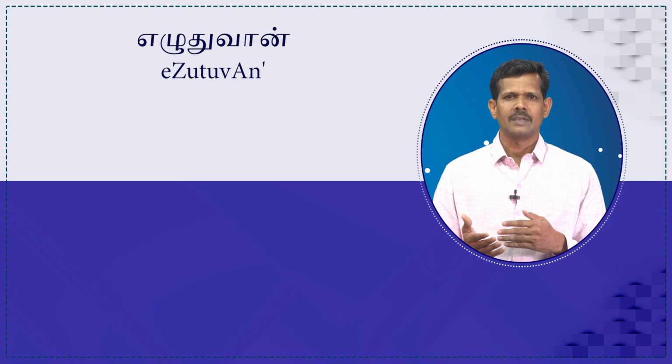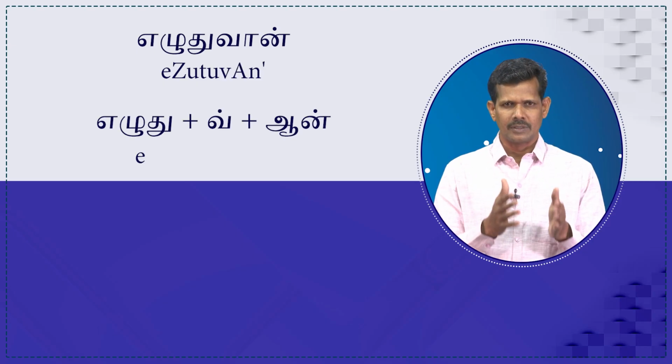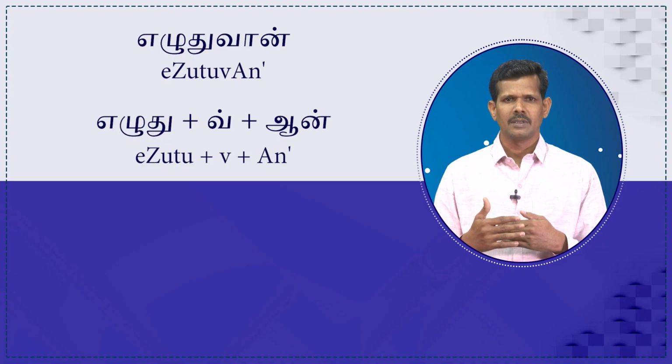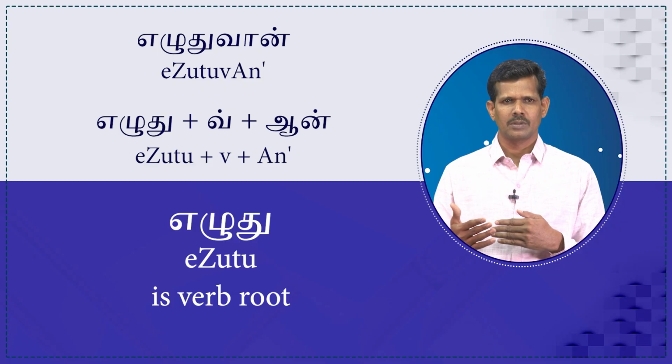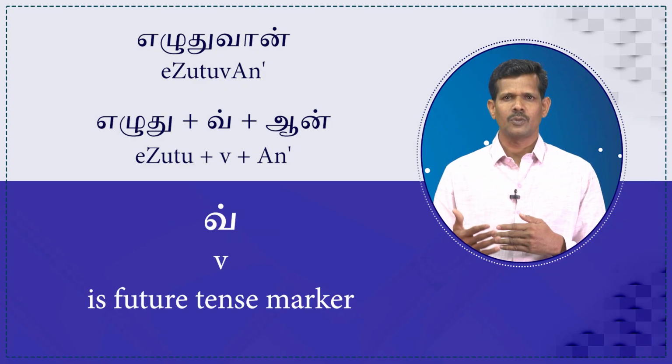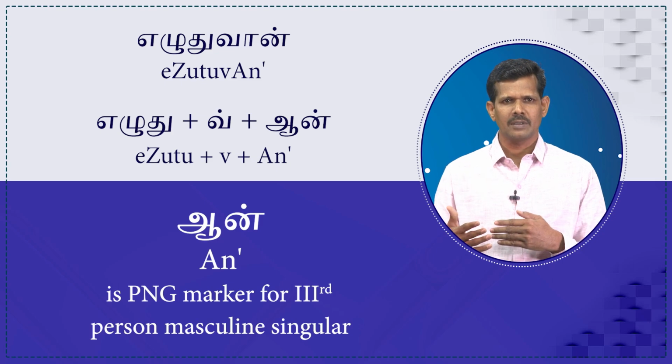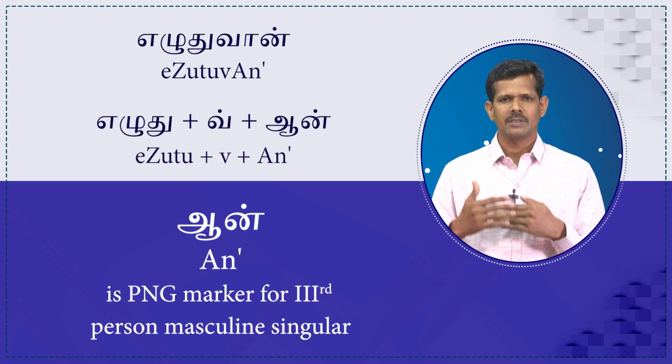Next example is எழுதுவான். It is segmented as எழுது plus u plus an. Here, எழுது is verb root. U is future tense marker. An is PNG marker for third person masculine singular.